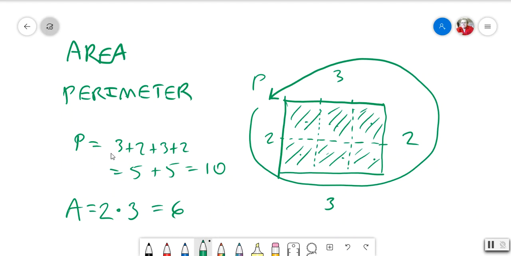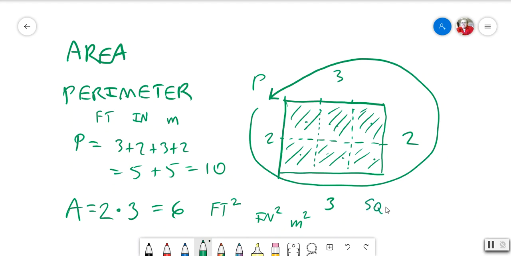Perimeter is measured in feet or inches or meters or miles or whatever. Area is measured in square feet or square inches or square meters or furlongs or miles or whatever.